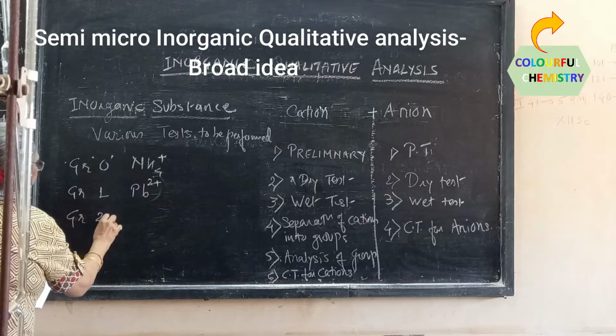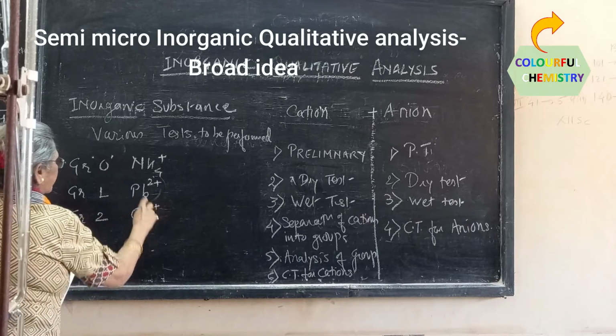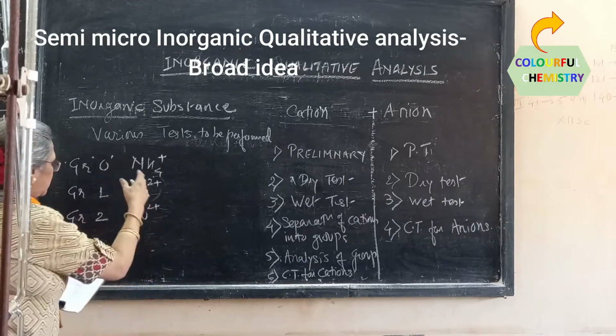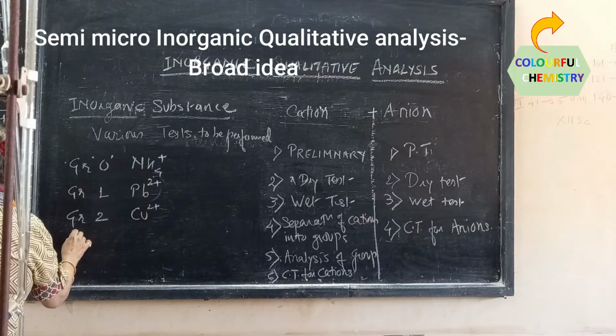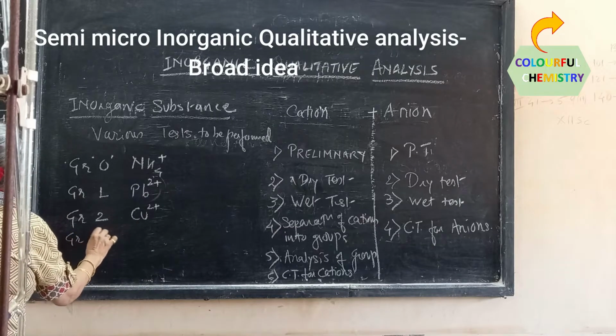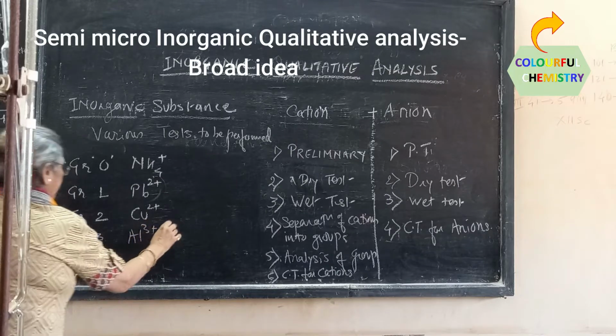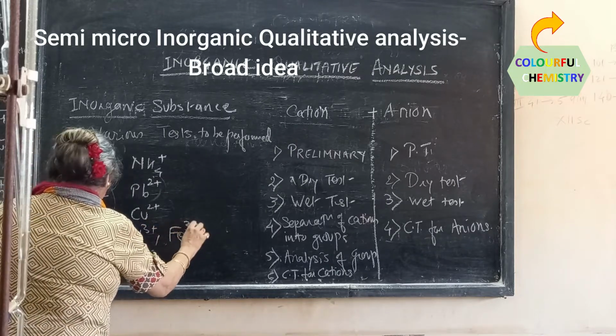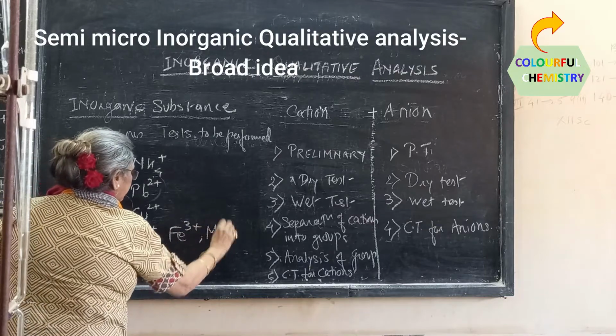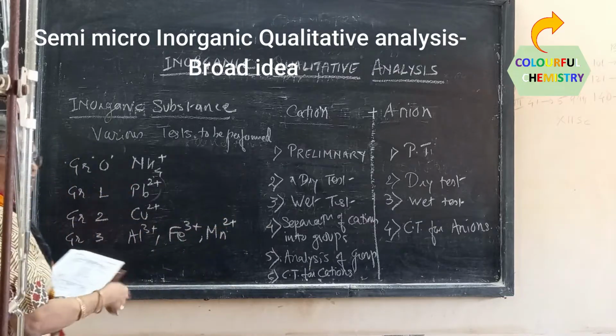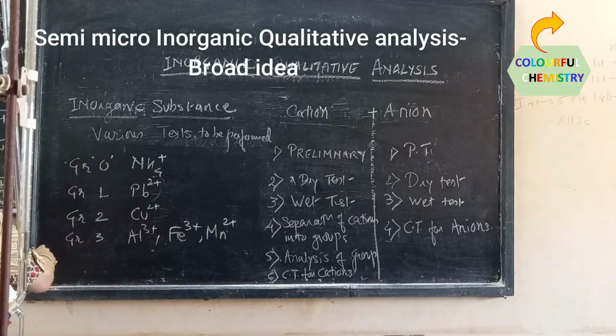Group 2 is copper ions. In our syllabus we have taken only these ions from group 0 to 2, and group 3 is aluminium ion, ferric ion and manganese ion, which you will identify by doing step 3.